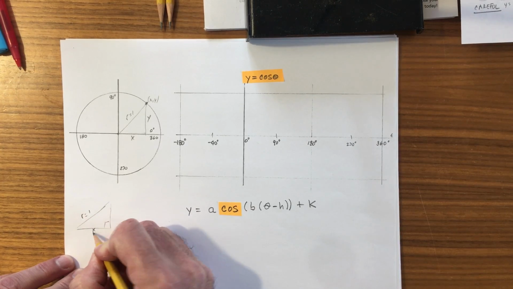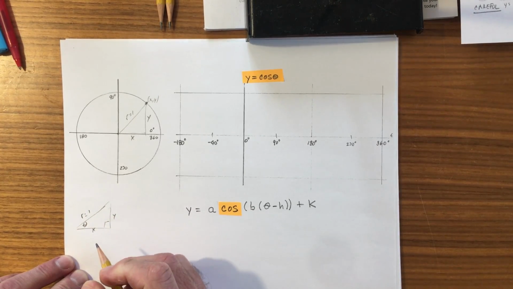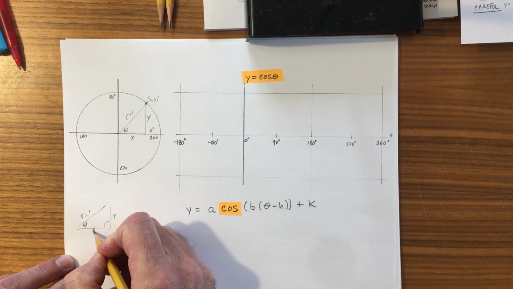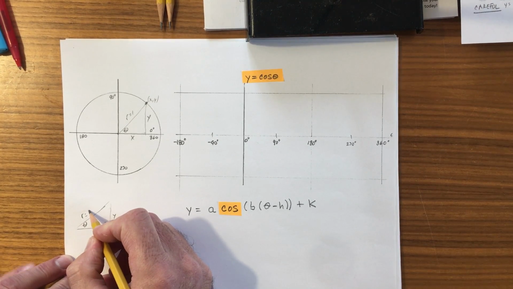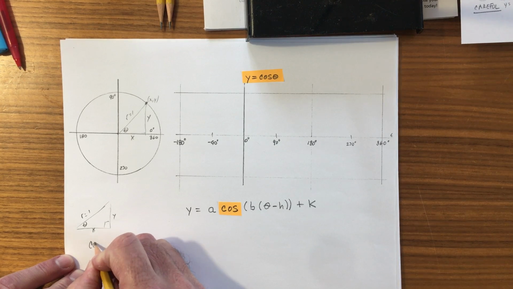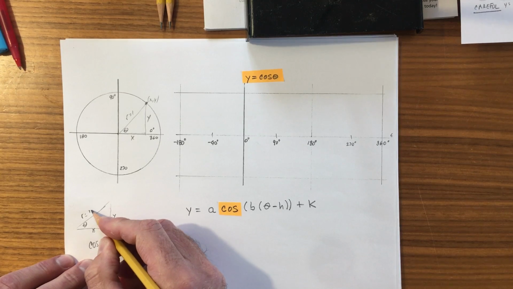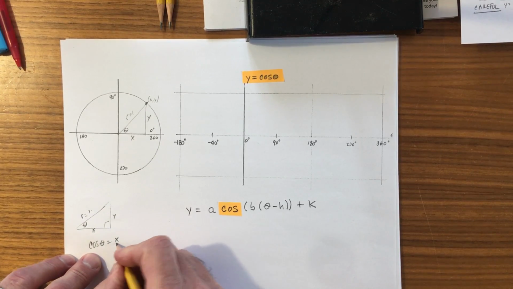And when that's the angle, the cosine is adjacent over hypotenuse, and so the cosine of the angle equals adjacent over 1, and so cosine is equal to x.